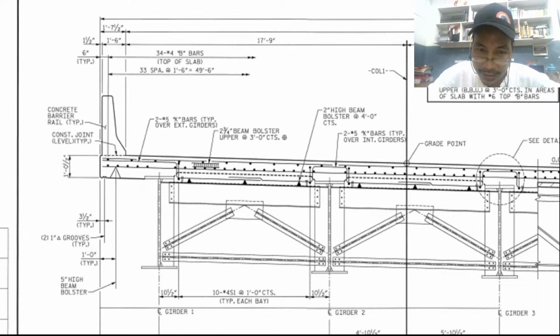So meaning there are 33 of this reinforcement spaced at 1 foot 6 inches. So there are 33 of them. Okay? 33 spaces. So there are 33 with the spacing of 1 foot and 6 inches. So therefore the total length is 49 feet and 6 inches.